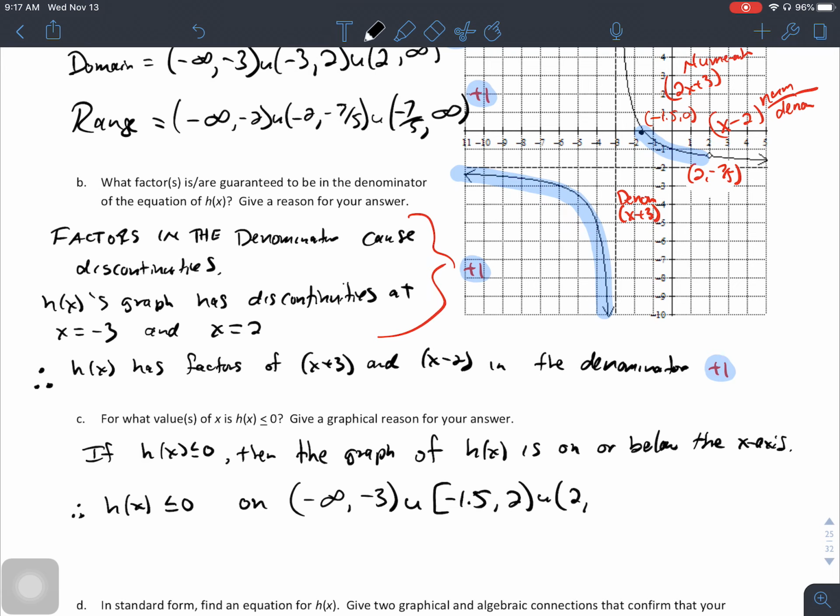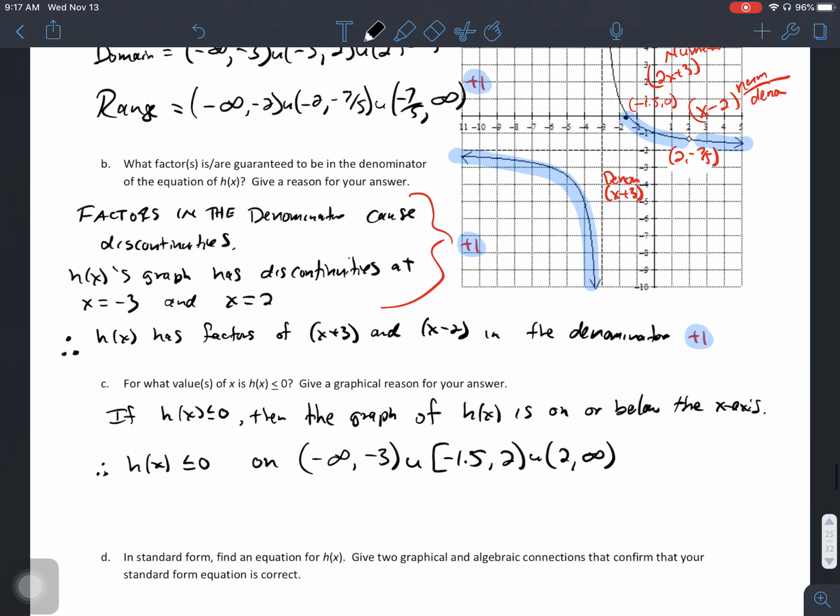Then it continues to be below forever because that arrow goes to the right and is below the x-axis. That is worth 2 points, 1 point for the reason, and 1 point for the interval.